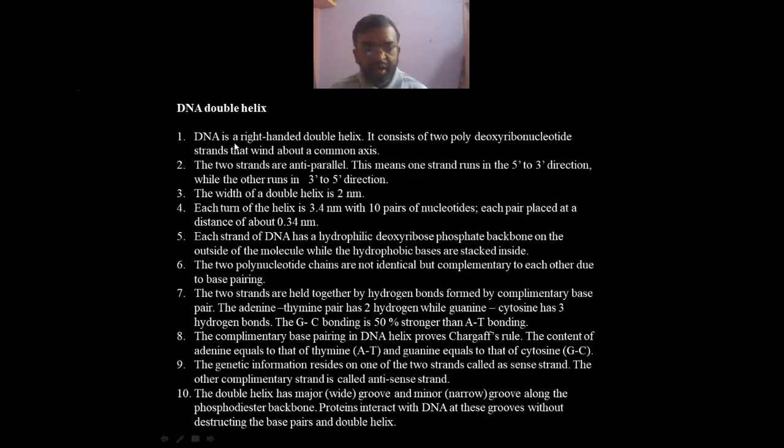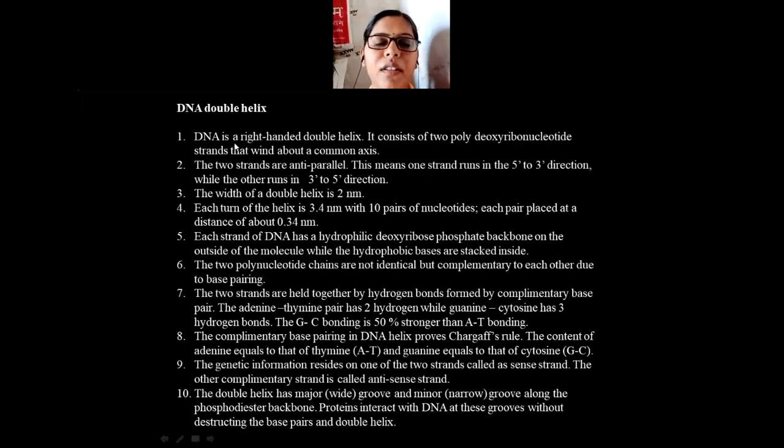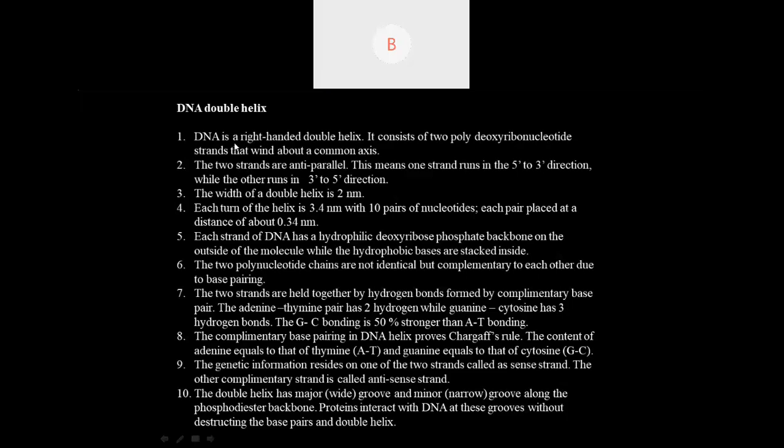Each turn of the helix is 3.4 nanometer with 10 pairs of nucleotides. Each pair is placed at a distance of about 0.34 nanometer. Who is talking? There is background noise. Each turn of the helix is 3.4 nanometer with 10 pairs of nucleotides, each pair placed at a distance of about 0.34 nanometer.